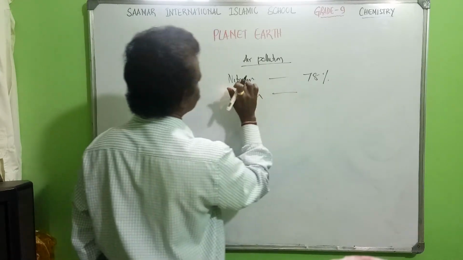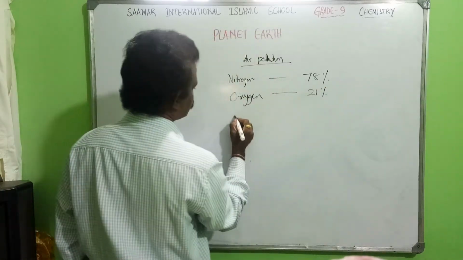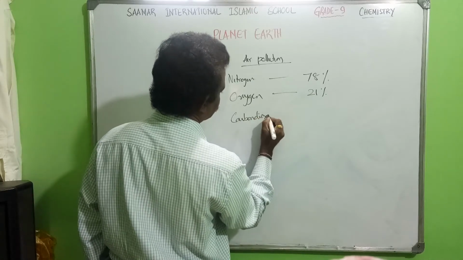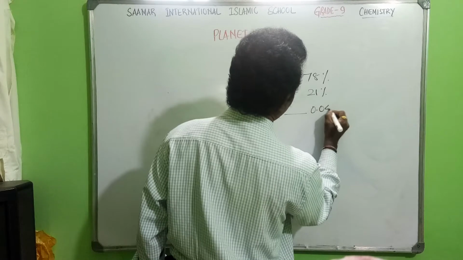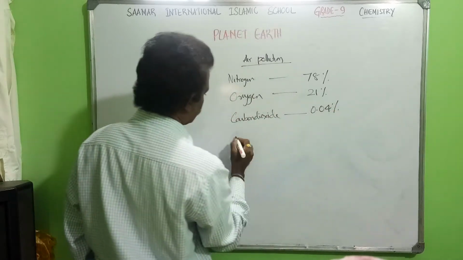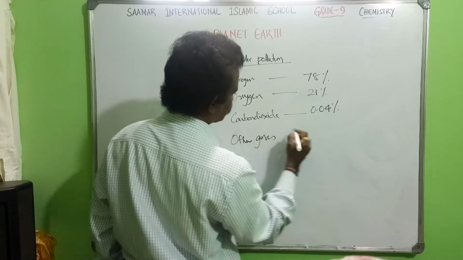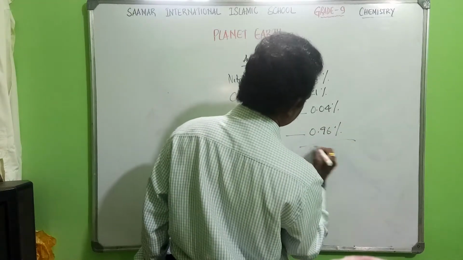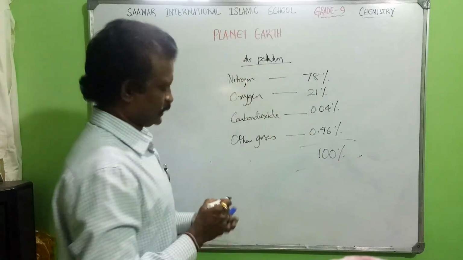The first abundant is nitrogen, the second one is oxygen, 21%. Clear? Next one is carbon dioxide. This carbon dioxide is 0.04%. And other gases, 0.96%. So when you total all this, you will get 100%. Is it clear? This is the composition of air.